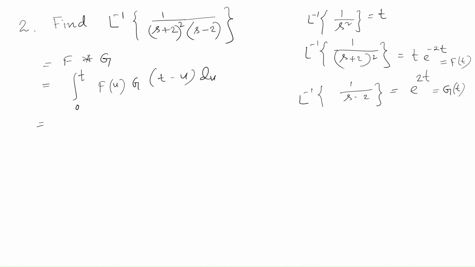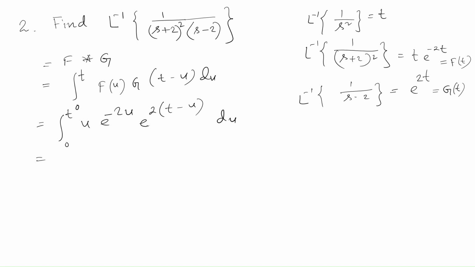We have the function f of t as t e power minus twice t, so f of u equals u e power minus twice u. Integration 0 to t u e power minus twice u. And we have the function g of t as e power twice t. So here we'll have e power twice (t minus u) du.